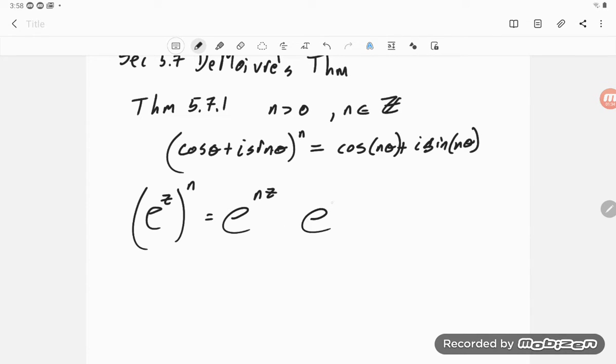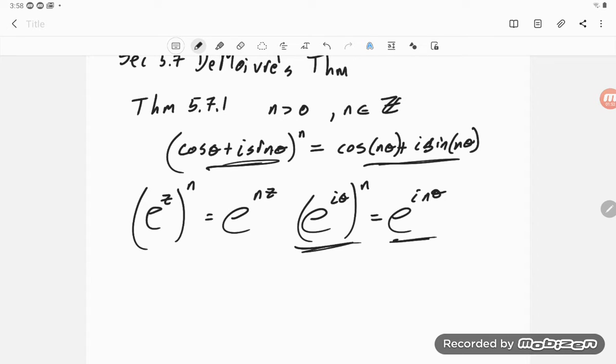So e to the i theta to the n is equal to e to the i n theta. And so this side is the left side here, and that is the right side there. So just using exponentials makes that a very simple proof, using those properties of exponentials.